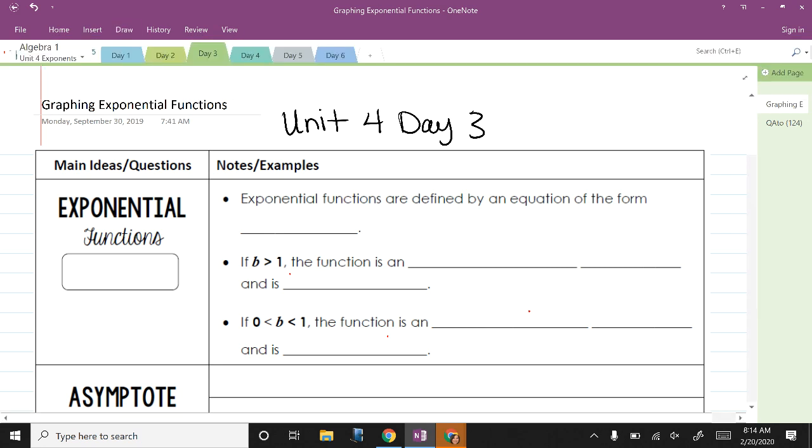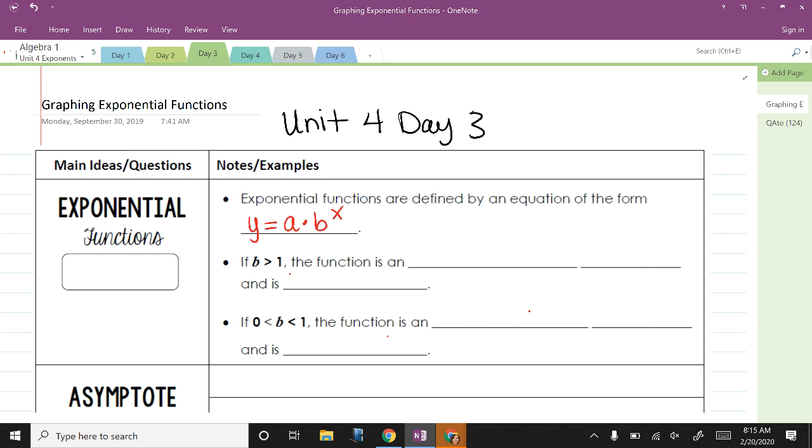All right? So first of all, an exponential function is written in the form y equals a times b to the x power. So y'all know how linear equations are basically like y equals mx plus b, right? And sometimes they will just be y equals a number, or y equals a number times x when the y-intercept was at the origin.